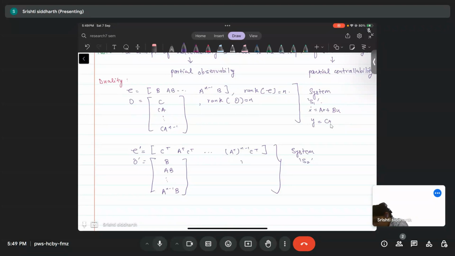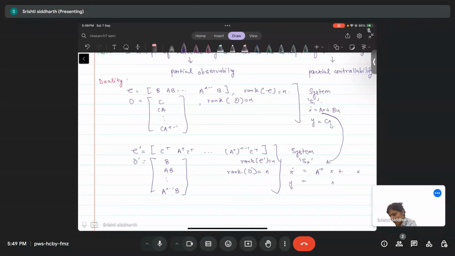So if this is the case for the system S2, the rank of C prime is n for controllability, and rank of those observability matrices is n. So then what are the matrices associated with S2? So we have A here is A transpose, which is obtained from here.